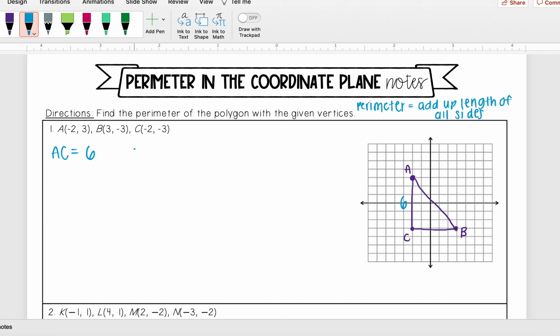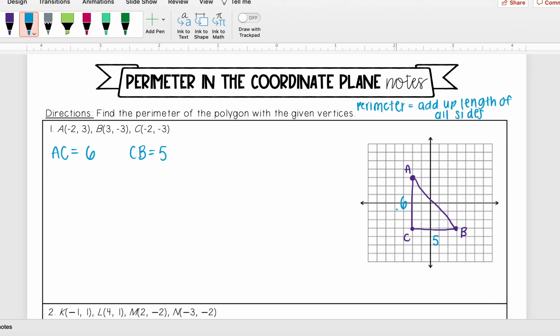And then CB is equal to 1, 2, 3, 4, 5. But now I get to AB, and this one I can't just count because it's diagonal through here. It's not those perfect boxes like we had for the others.